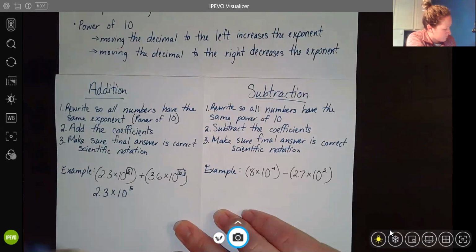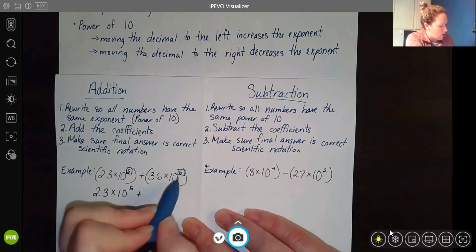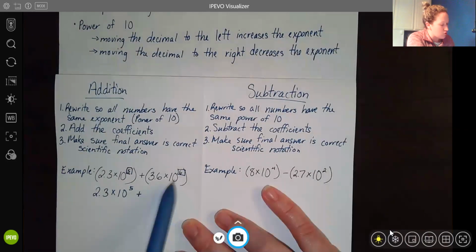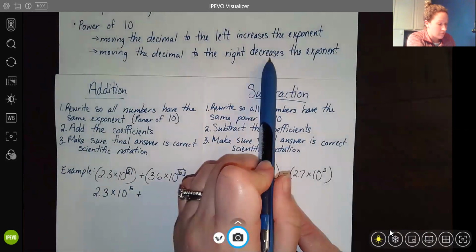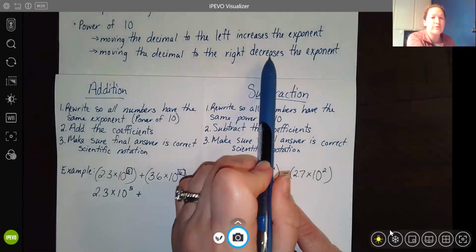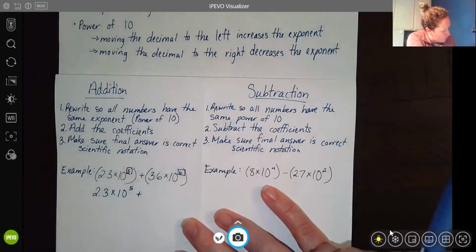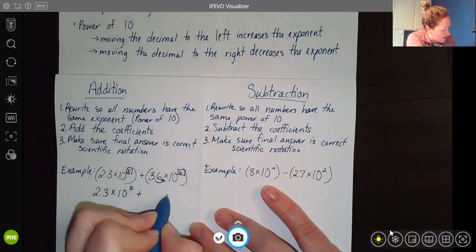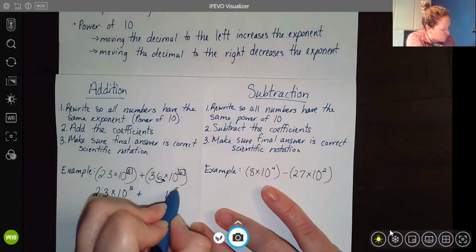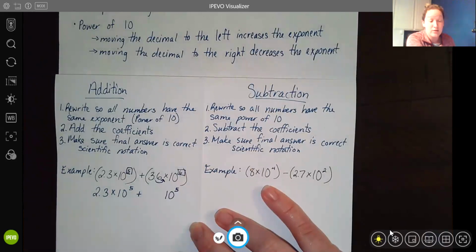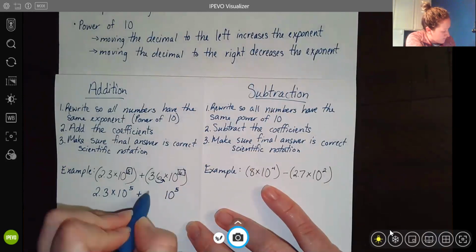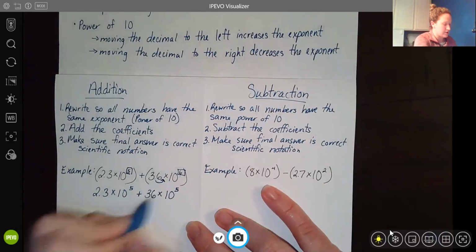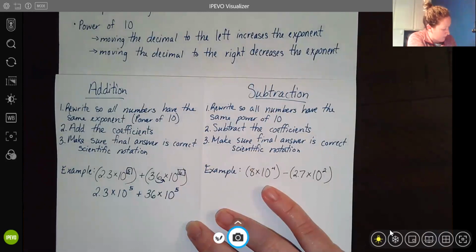Plus, now I want to decrease my exponent, and when I decrease my exponent, that means my decimal is moved to the right. So I'm going to move my decimal 1 to the right, because I want this 10 to the power of 6 to drop down 1 so that it's 10 to the power of 5. So now I have 36 times 10 to the power of 5. So that's step 1.